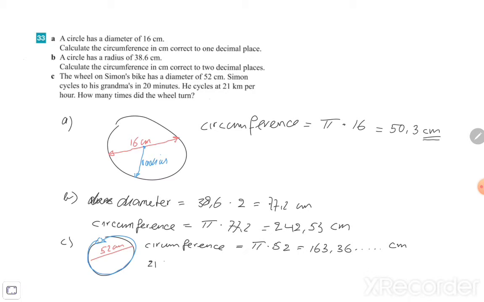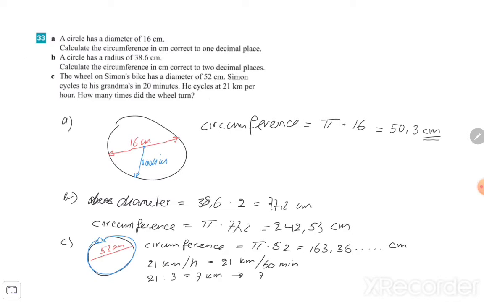Now, the time to grandma was 20 minutes, and he cycles 21 kilometers per hour. So 21 kilometers per hour is exactly the same as 21 kilometers in 60 minutes. Which means if I divide the 21 kilometers by 3, you get exactly 7 kilometers.